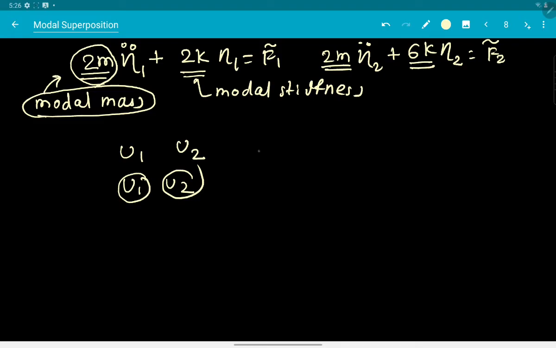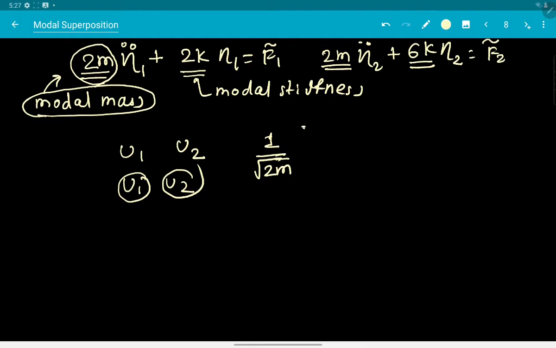So what we'll be doing is multiplying by 1 over square root of 2m, or dividing by the square root of 2m, the first mode shape.